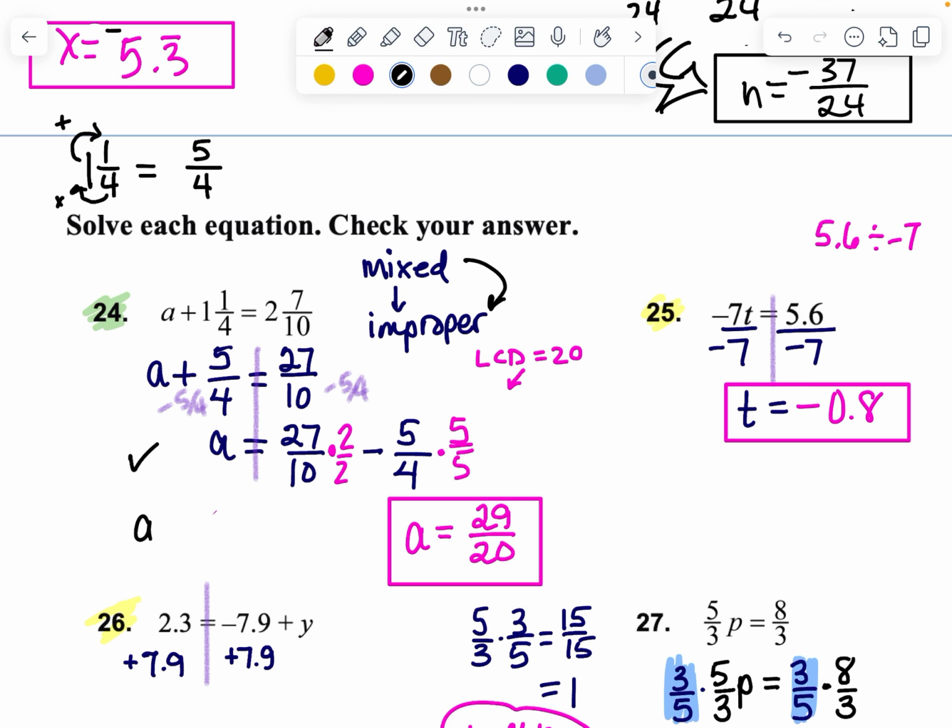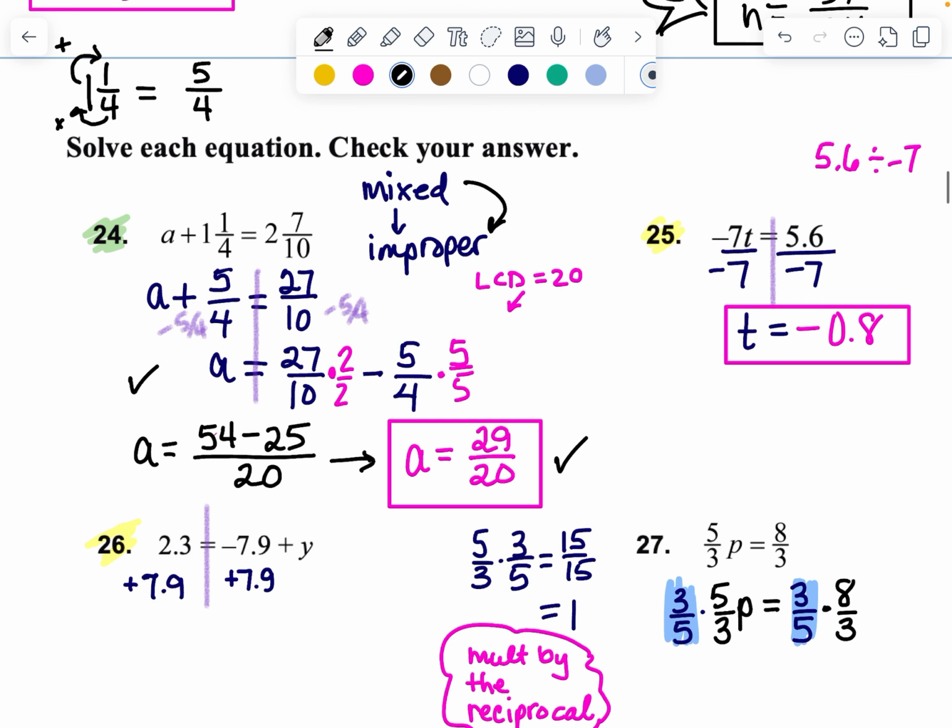So that's going to give me a is equal to 54 minus 25. And both denominators are 20 now, so I can just put those together. And I think that's what we get, right? 29 over 20 for our answer.